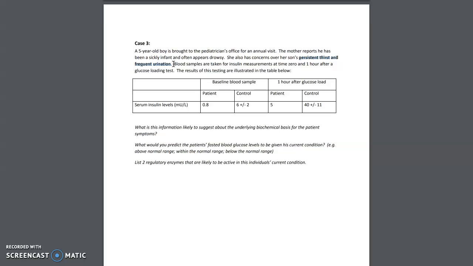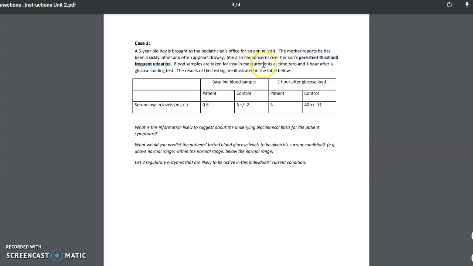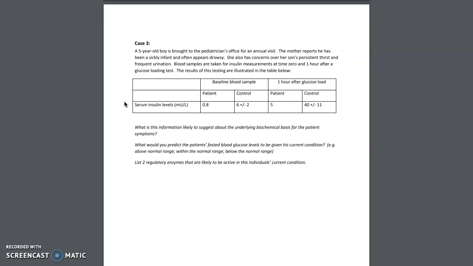To test for diabetes, blood samples are taken for insulin measurements both at time 0 and 1 hour after a glucose loading test. The results for the little boy are shown in this table here.